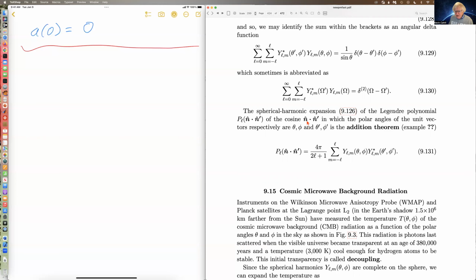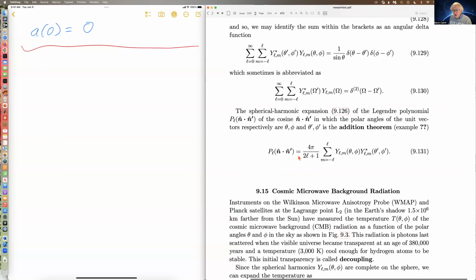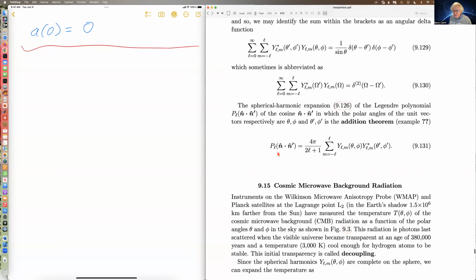So the polar vectors of n are theta phi, the polar vectors of n prime are theta prime phi prime. Then this structure here is times 4 pi over 2L plus 1 is the Lth Legendre polynomial. So this is called the addition theorem, and it's worked out in the chapter on group theory.